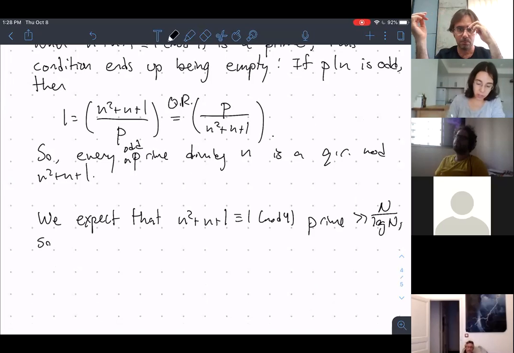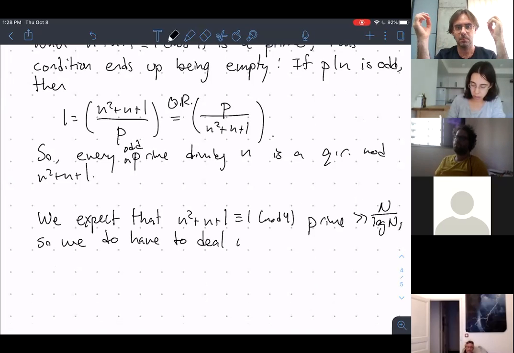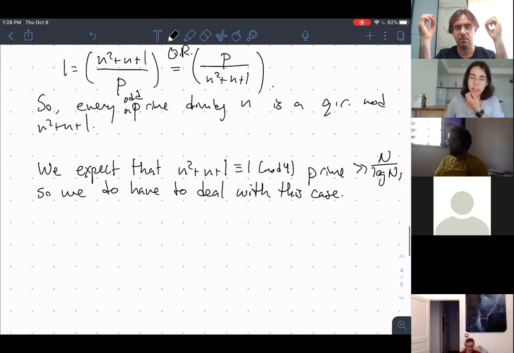So we do have to deal with this case. Okay, and the key to dealing with this case is to not look at squares, but to look at fourth powers.